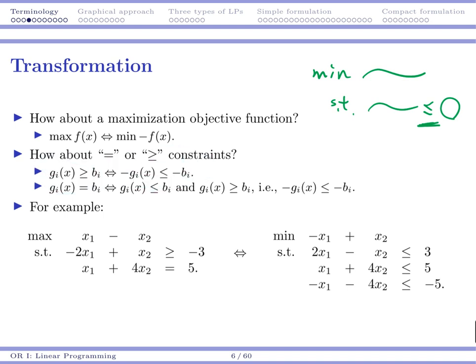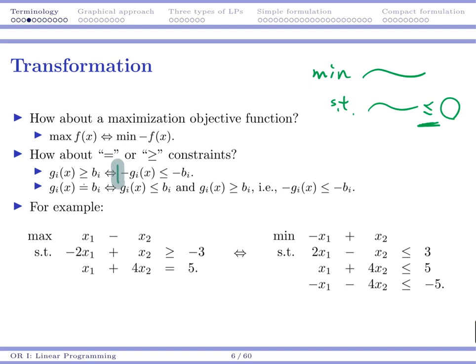So when you have a greater than or equal to constraint, all you need to do is to flip the sides so that you get negative gi is less than or equal to negative bi. Pretty much they are the same. Alright? So you don't need to specifically worry about greater than or equal to constraints. You only need to focus on less than or equal to.